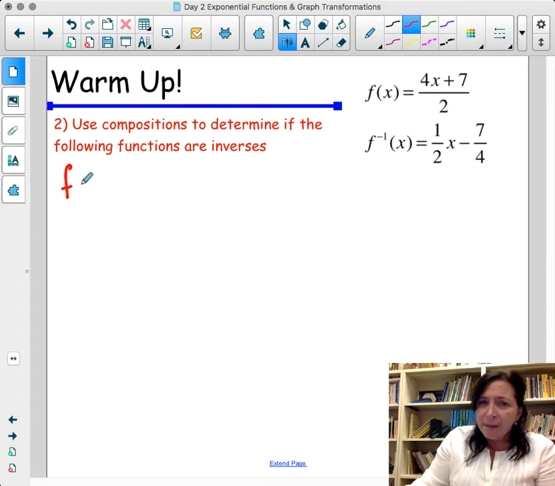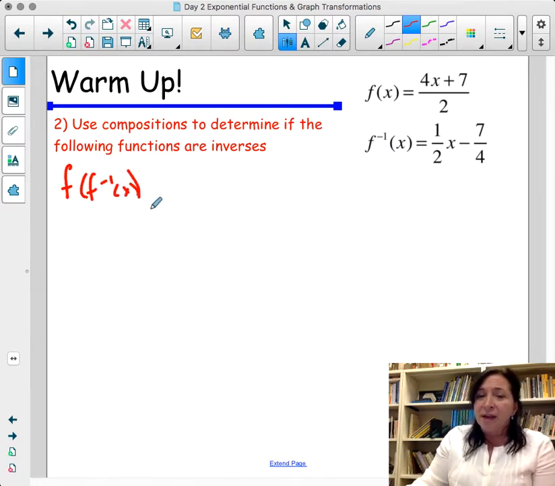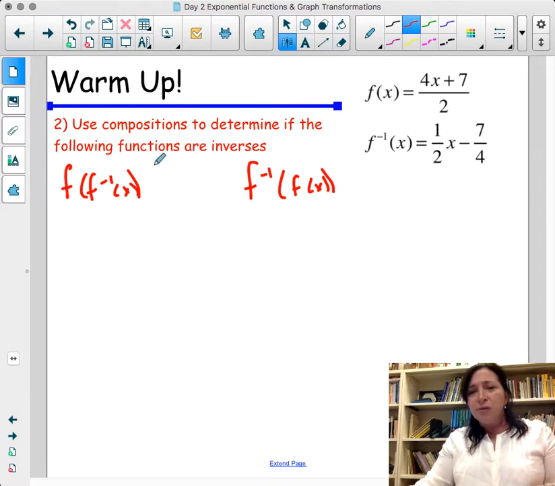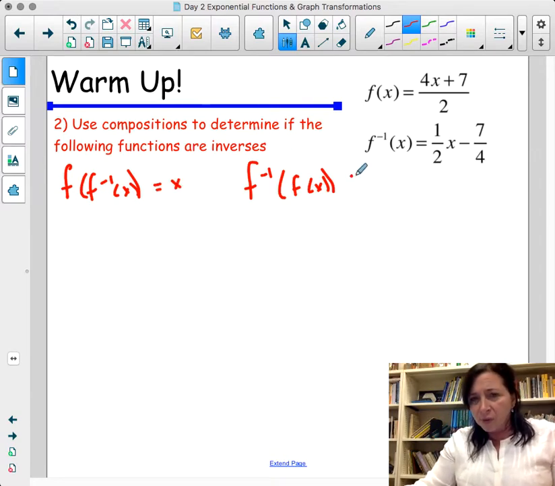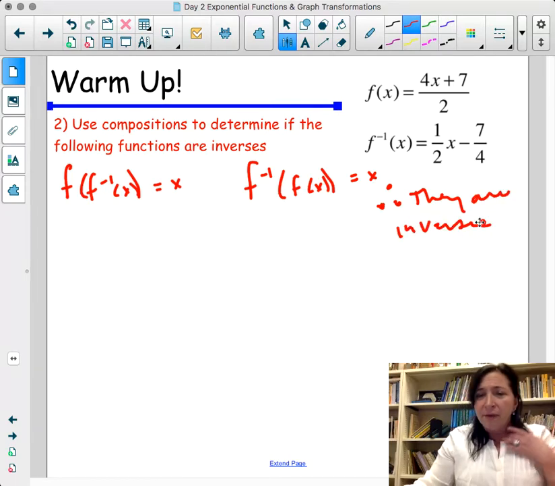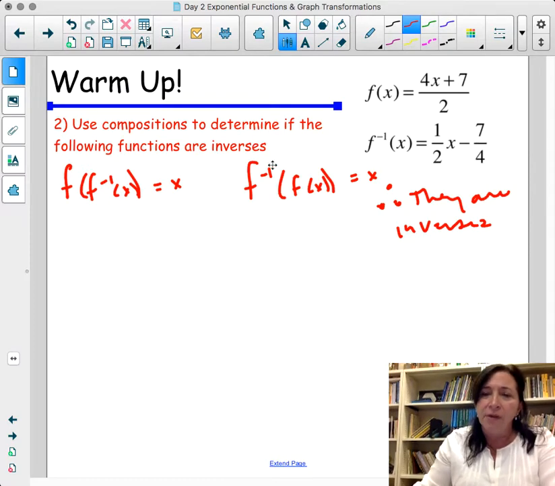You're going to plug the inverse equation, f inverse, into the f of x. You also have to plug the f of x equation into f inverse. And if you do that and you get x both times, then therefore, those 3 little dots, they are inverses. And so in order to show that, you have to prove it. So you're going to have to plug those into the equation.